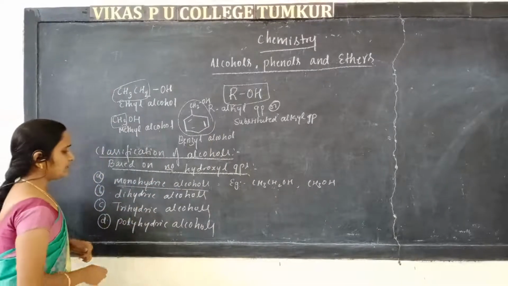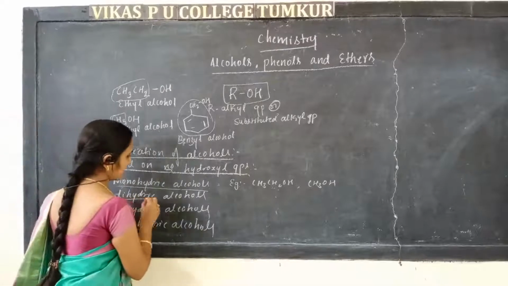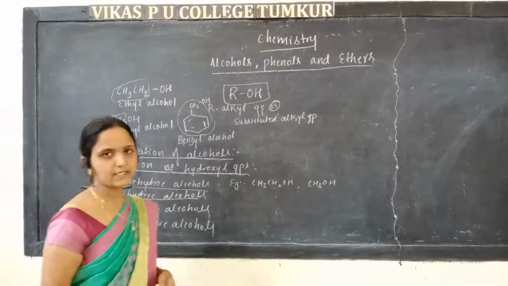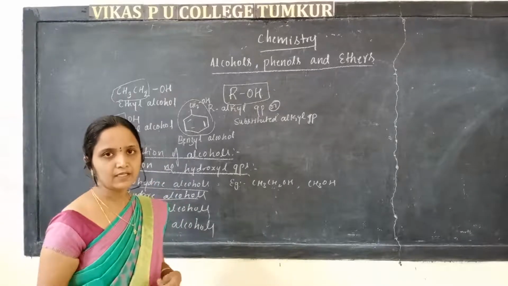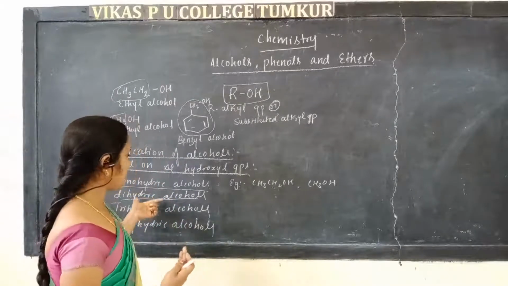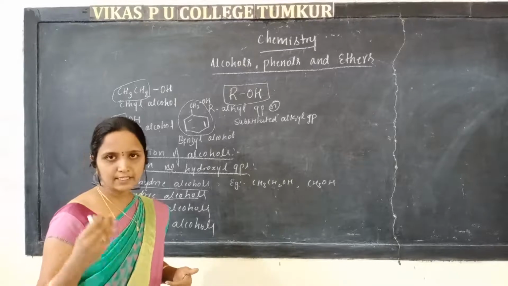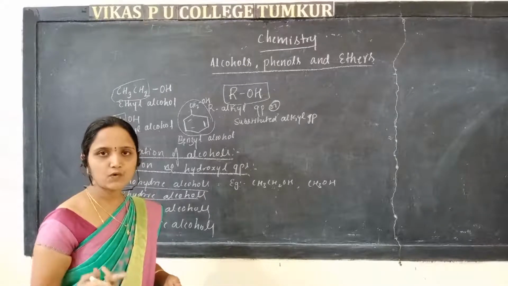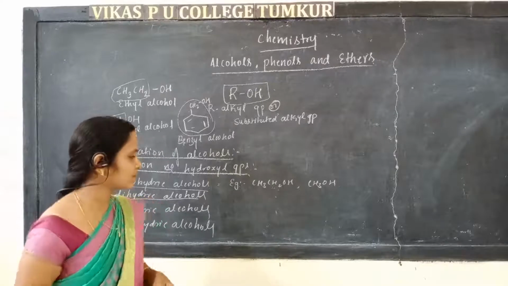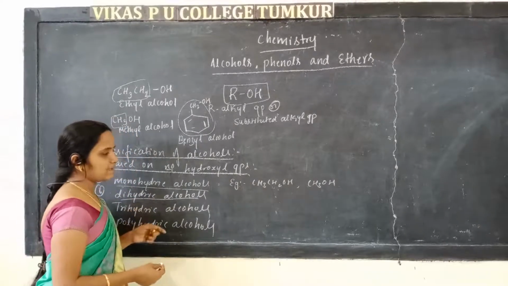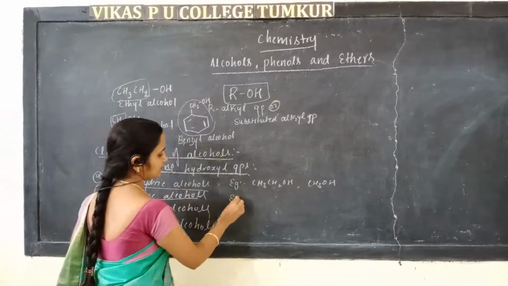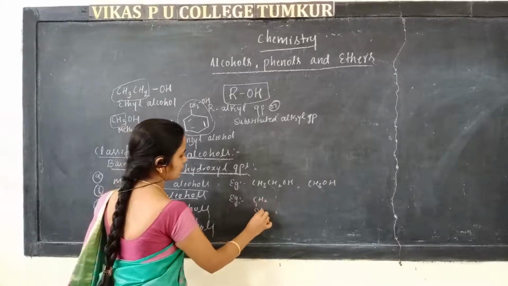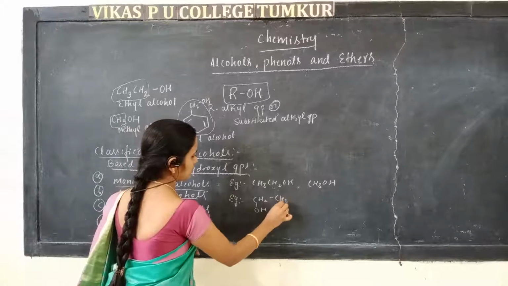Like that, we come to dihydric alcohols. The name itself says what dihydric alcohols are: alcohols which contain two hydroxyl groups. An example for this is ethylene glycol, that is CH2OH, CH2OH.